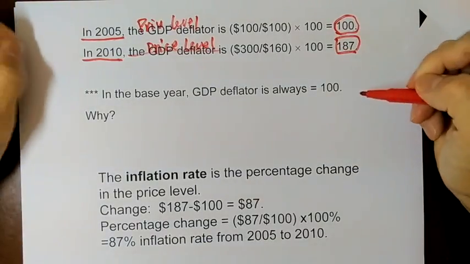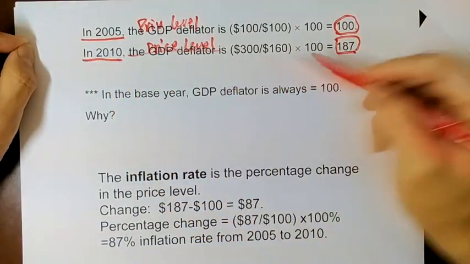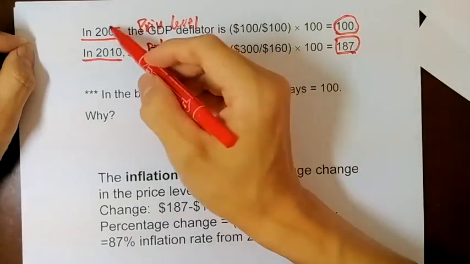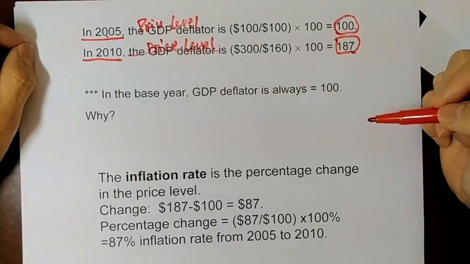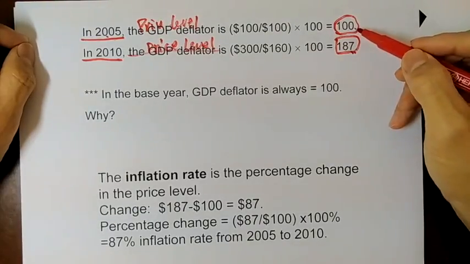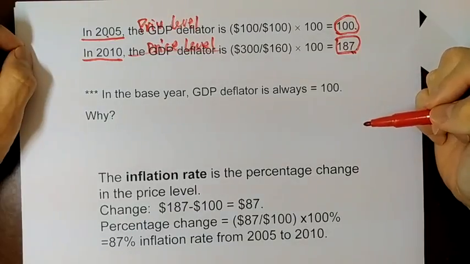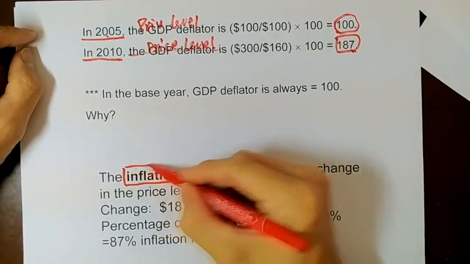So what does that mean? That means things are more expensive in 2010 compared to the price in 2005. How much higher? This is what we want to learn about the inflation rates.